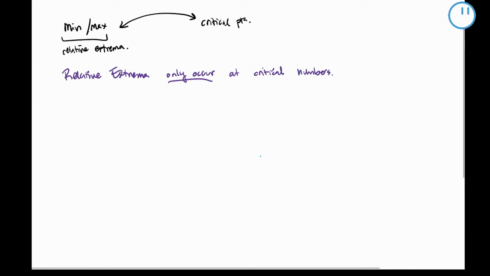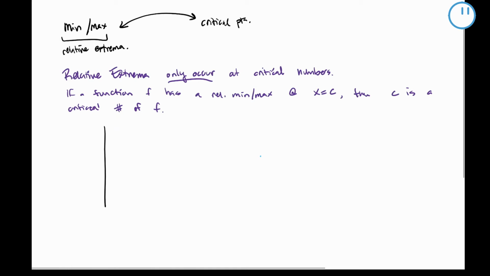So if we were to write this out as a rule, we would say that if a function, and we'll call our function f, has a relative minimum or maximum at x is equal to c, then c is a critical number of our function f.